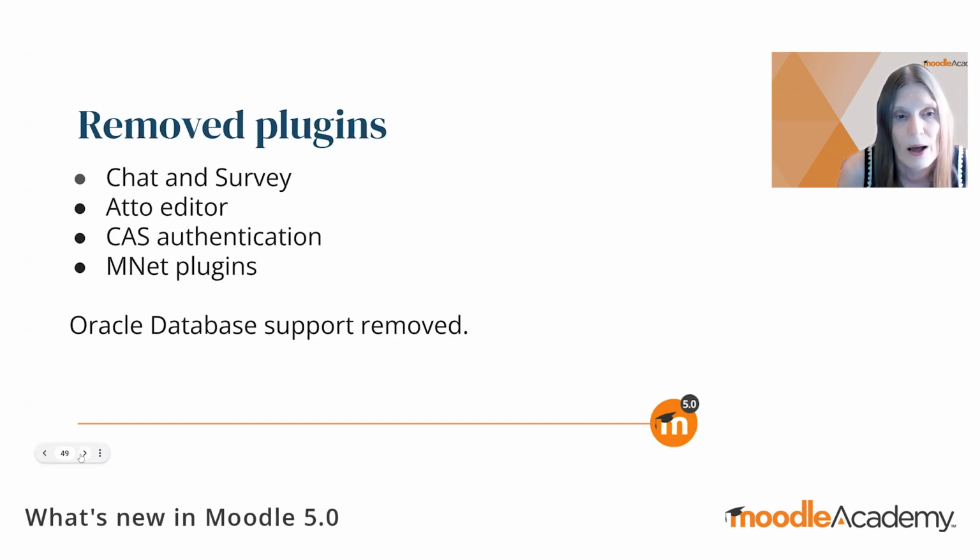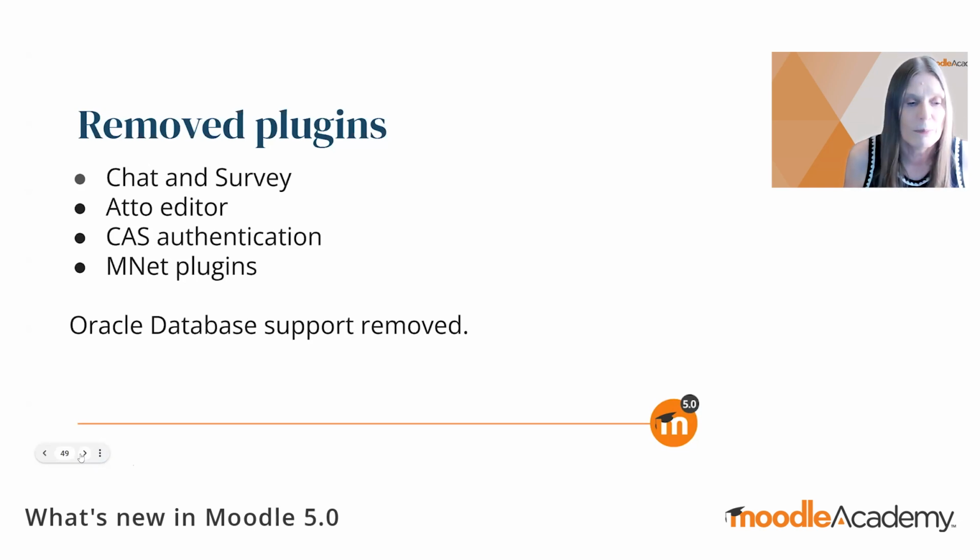We don't know about Atto in the plugins directory, I'm feeling not. And CAS authentication, it was noted that it was hardly used, and it has been removed along with MNet plugins. MNet has been deprecated for many, many years and has finally gone. And support for Oracle database has also been removed.